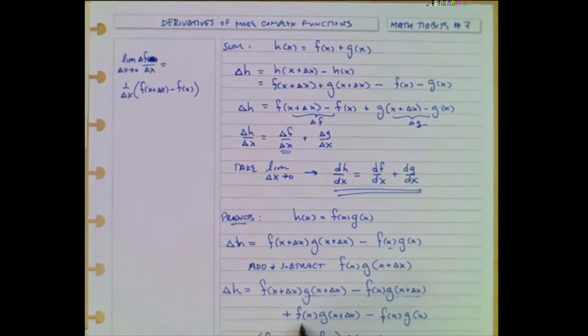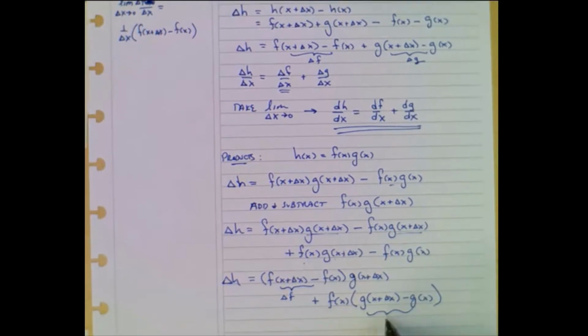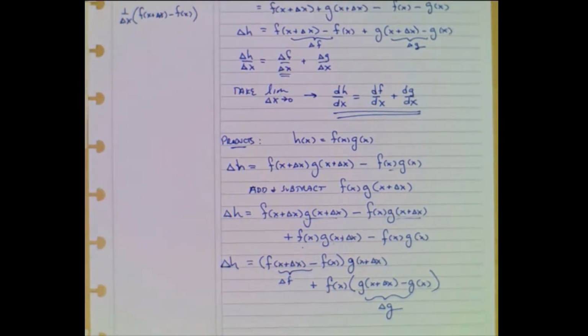And then similarly in the second two terms, I have a common factor of f of x, so I can add f of x times the quantity g of x plus delta x minus g of x. All right, that's delta h. Now, this is delta f, and this second is delta g. Sorry for leaving that off the bottom of the screen there. You can take a look at it.